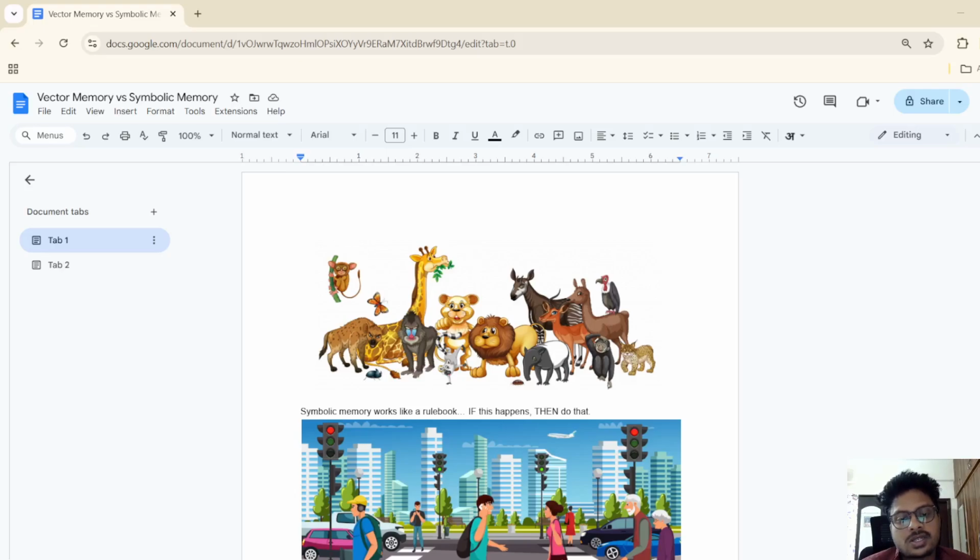The same goes for places. If there is a hill place, we can see the hill. Suppose we go to a beach or near the coastal area or sea area, we can see the ocean.